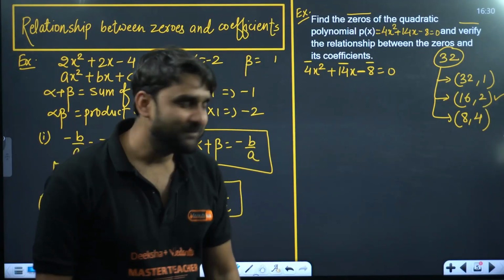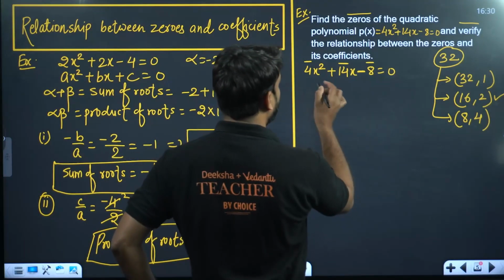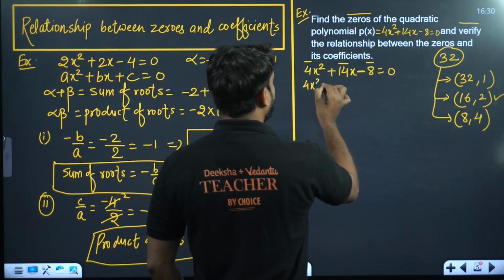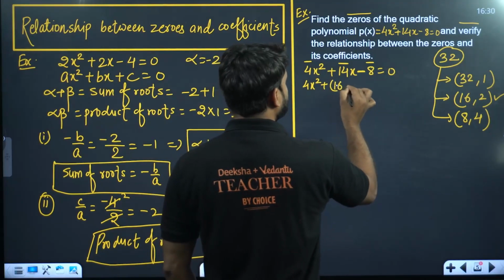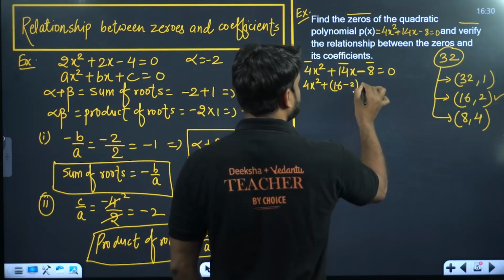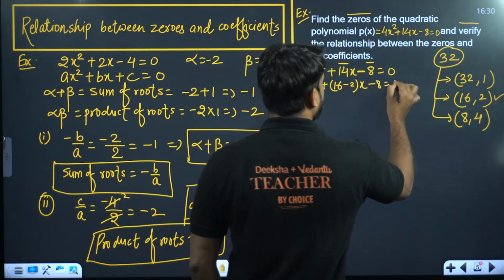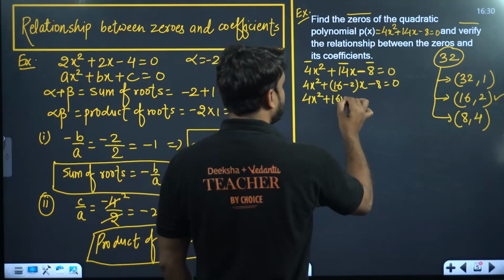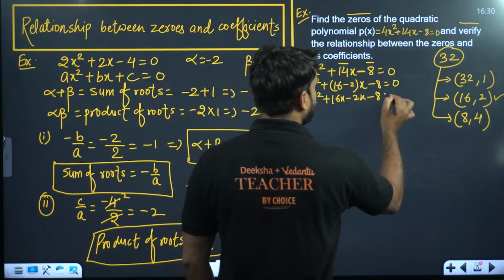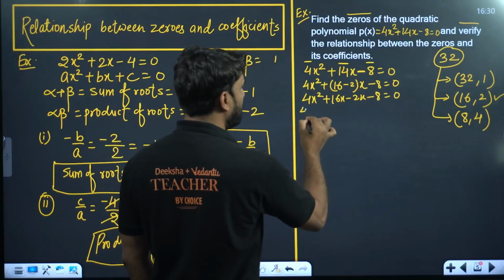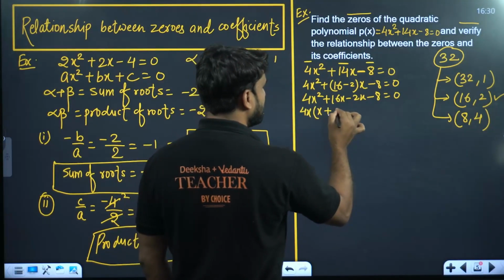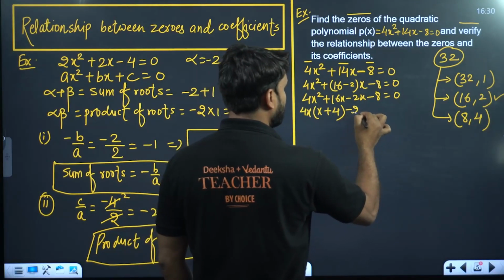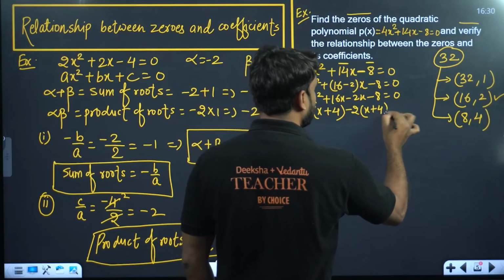I hope that is clear. So let's split the 14. In 4x square plus 14x, 14 can be split as 16 minus 2, because 16 minus 2 gives you 14. So 4x square plus 16x minus 2x minus 8 equals 0. Can we take 4x common? So this will be 4x into x plus 4, and we can take minus 2 common, so x plus 4 equals 0.